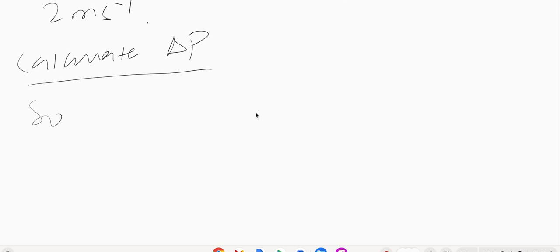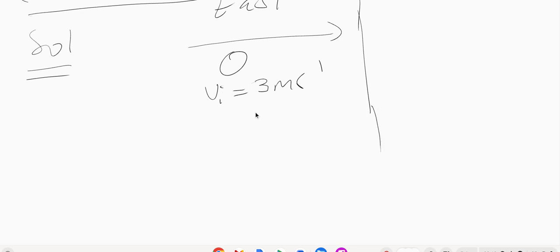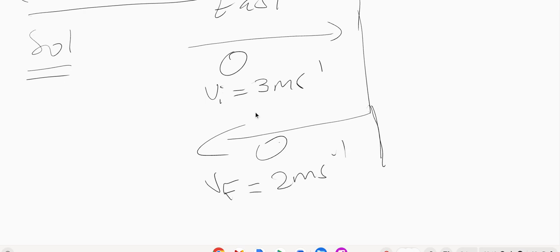So let's work on this situation. We have a ball, it's thrown to a wall, to the east, with a v initial of 3 meters per second, and the ball bounces back with a v final of 2 meters per second west.